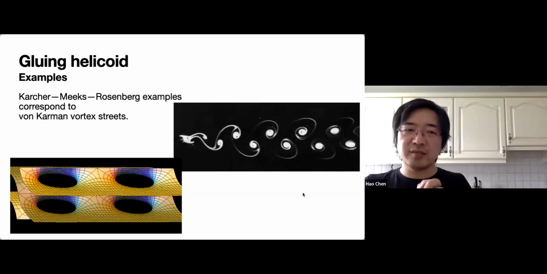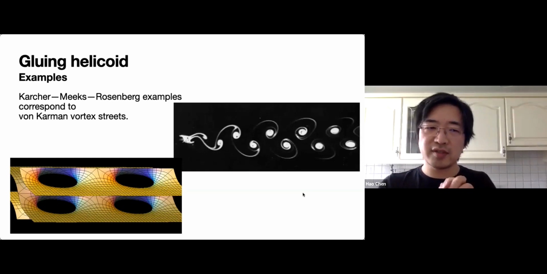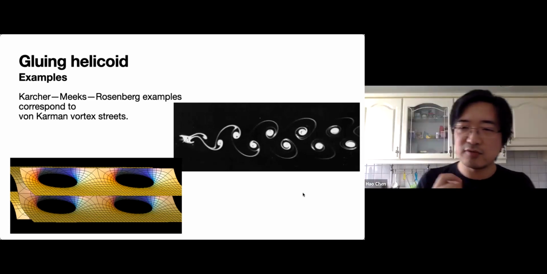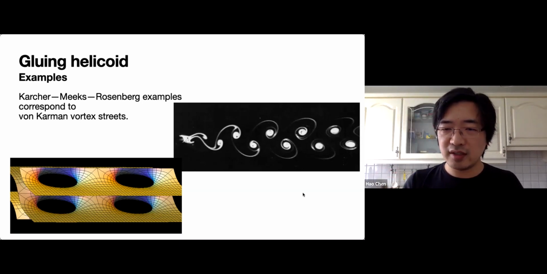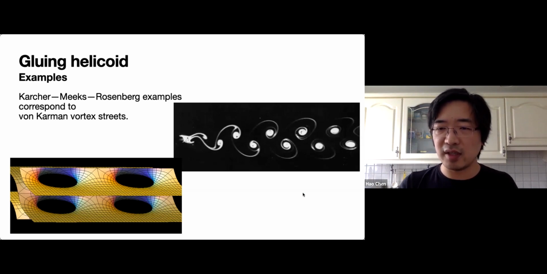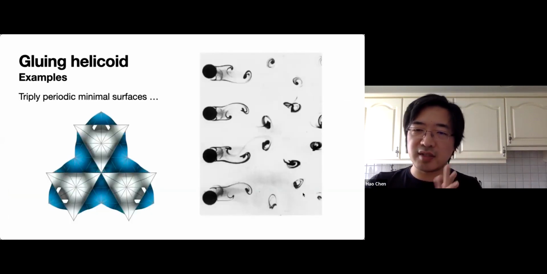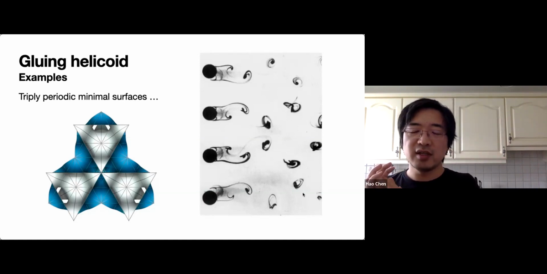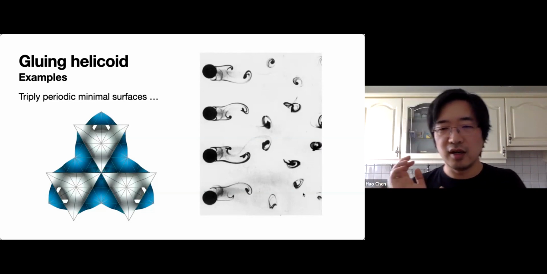And then the Karcher-Meeks-Rosenberg examples. These are doubly periodic minimal surfaces, and they correspond to the very famous von Karman vortex street. The von Karman vortex street is known in 1912, and the KMR example was constructed in 1988. So there are indeed some minimal surfaces that don't yet have a corresponding vortex configuration observed.